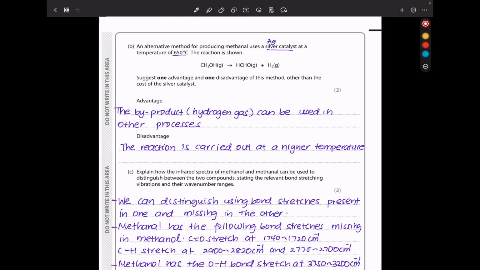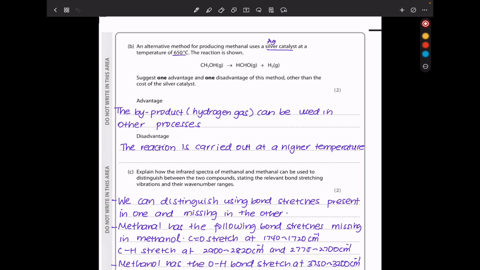And in part B, an alternative method for producing methanol uses silver catalyst at the temperature of 650 degrees Celsius. Their reaction is shown, which is this one here. They say suggest one advantage and one disadvantage of this method other than the cost of the silver catalyst.